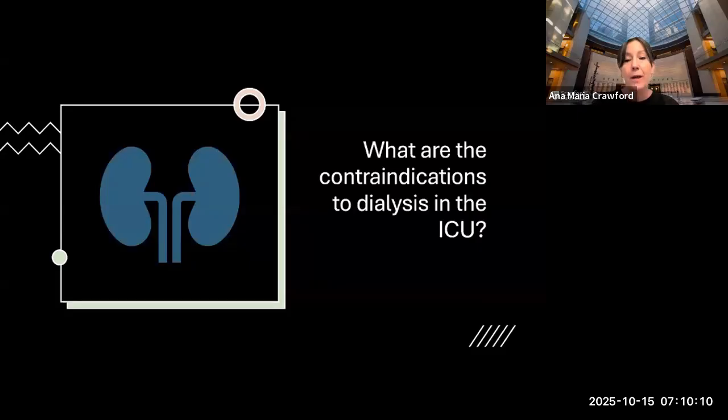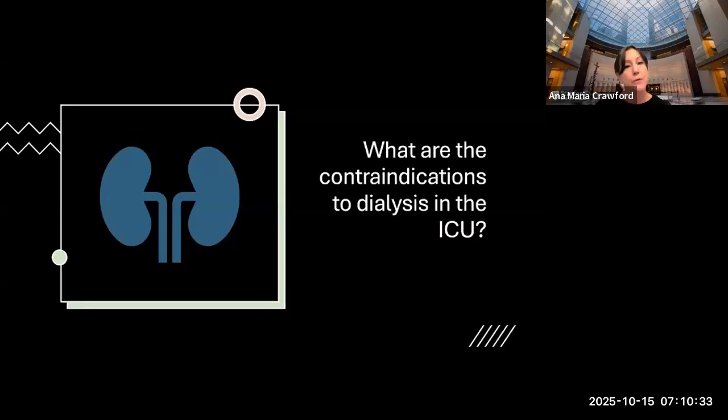Patients that have severe coagulopathies and a high bleeding risk will also potentially have those worsened by going on dialysis. Dialysis circuits typically require anticoagulation such as heparin or citrate. So when your patient has a bleeding risk, you might want to consider the risks versus the benefits of starting them on dialysis.